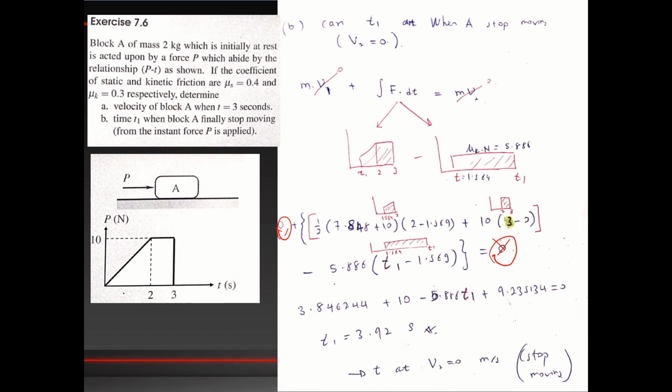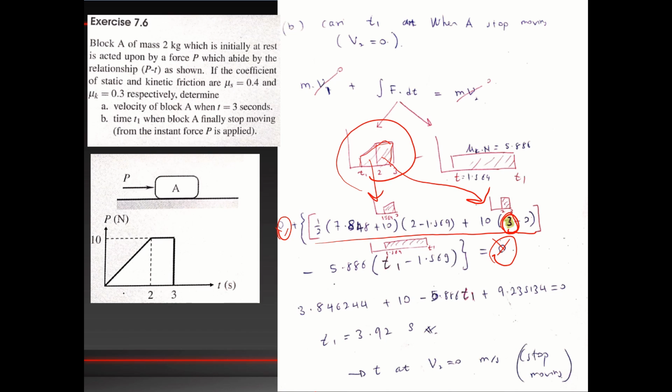This first part is for this one, and the other one is here. Even though the time is more than 3, here we can only replace by up to 3 minus 2, which is suitable for the graph.